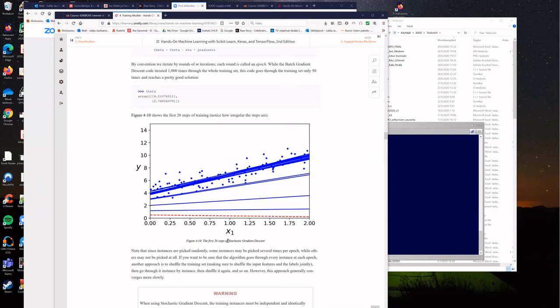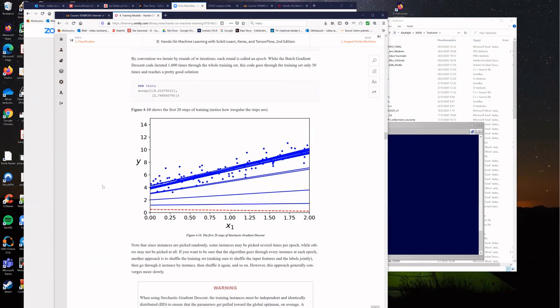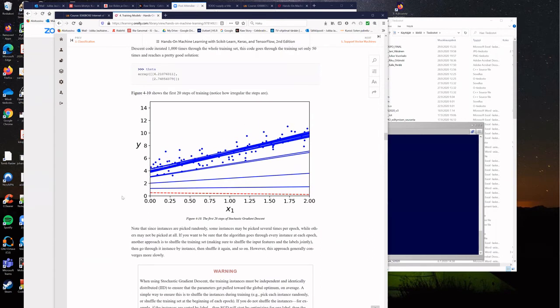So in this case, when fitting the linear function to this data set using stochastic gradient descent, you see the steps are highly irregular. Here are very large steps, and then there is a very small step here, and it's more or less random.